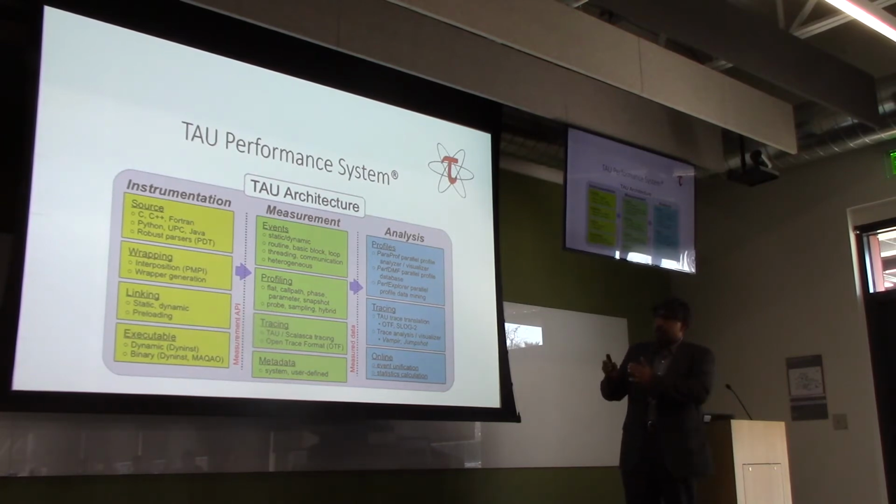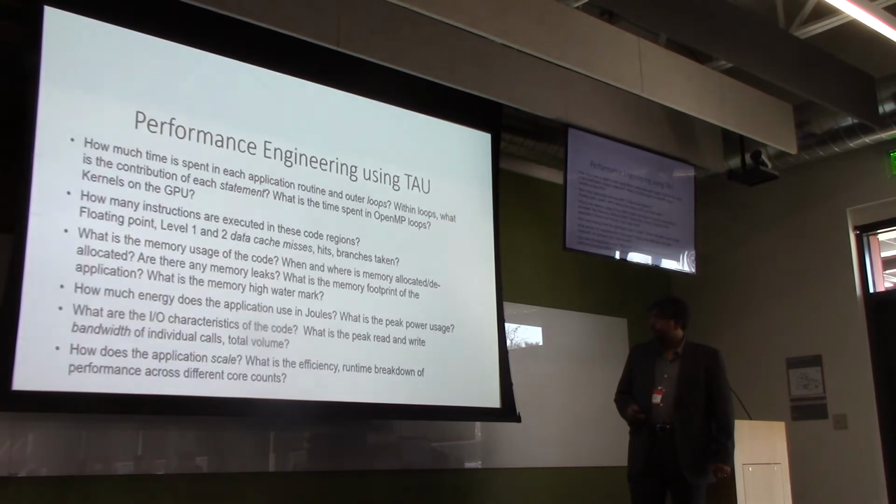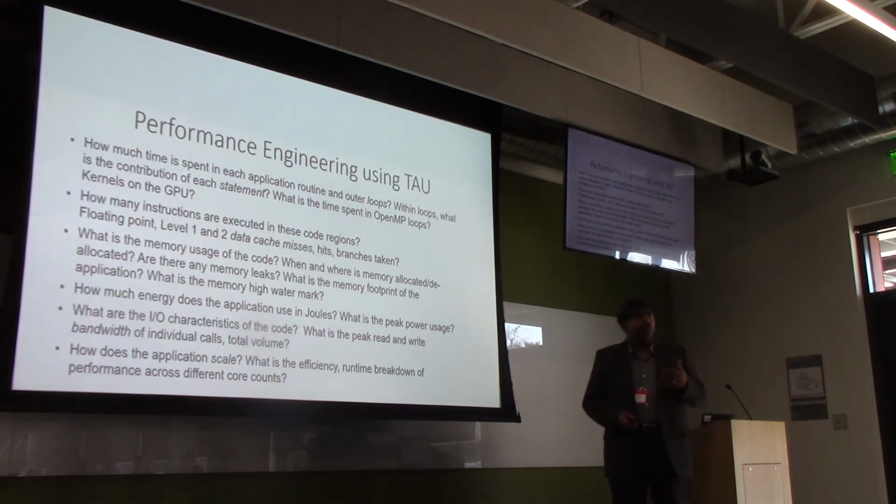But once those hooks are inserted, you can see that it calls the measurement API for profiling or tracing, and then generates performance data which can be analyzed in our tools like ParaProf and PerfExplorer.